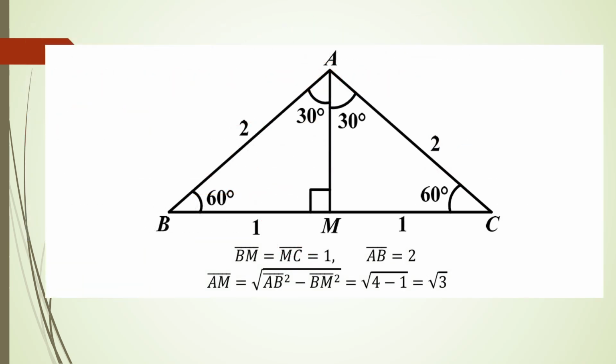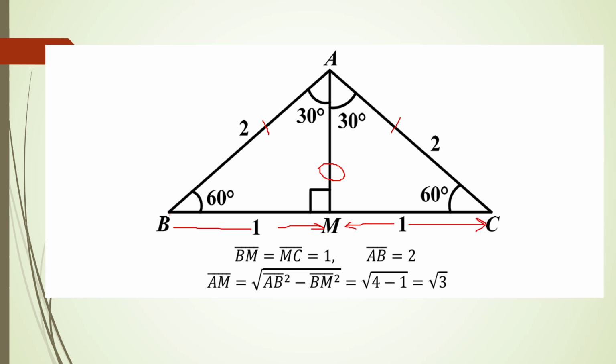If you look at this equilateral triangle, we have said that all sides are equal. That means that if this is 2 units, this is also going to be 2 units. Because we divided the base by 2, it's symmetrical. So when we divide our equilateral triangle by that line, the distance from B to M is going to be 1 unit, and the distance from M to C is also going to be 1 unit.